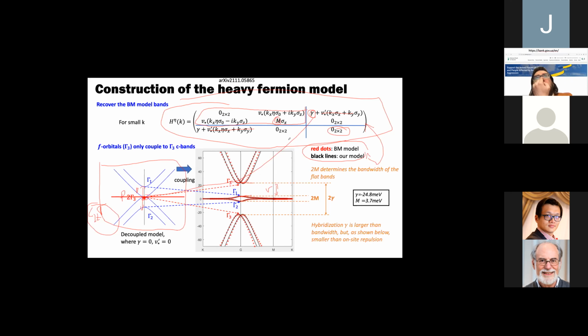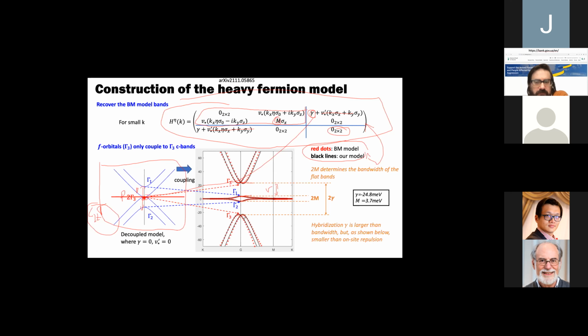Exactly. I'll think about it during the break, and I'll get back to you on the electric field. I'm blanking out, I'm sorry. But that's a good point. C2ZT protects this, and particle-hole keeps it at zero energy.